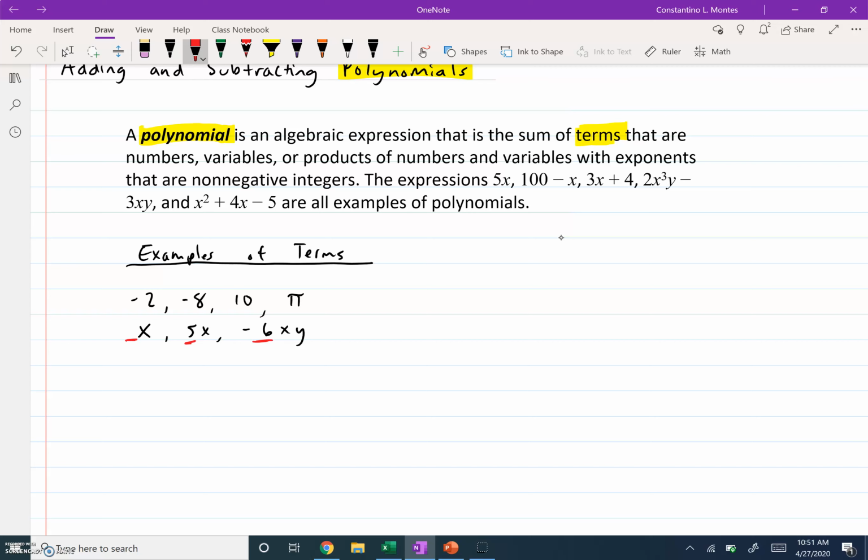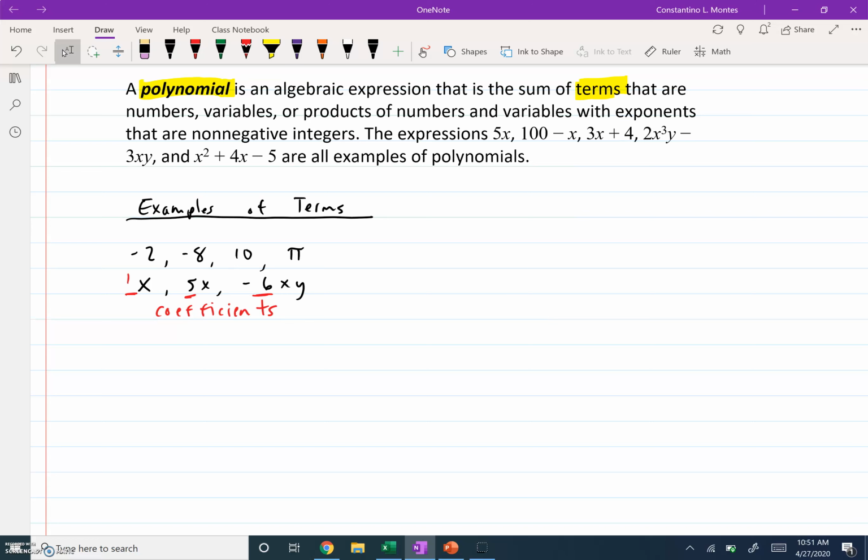I know you don't see it here, but we can think of there being a 1 in front of the x. Coefficients are really just the number in front of the variable of the term. So the coefficient of x would be 1, and the coefficient of this term here would be -6.